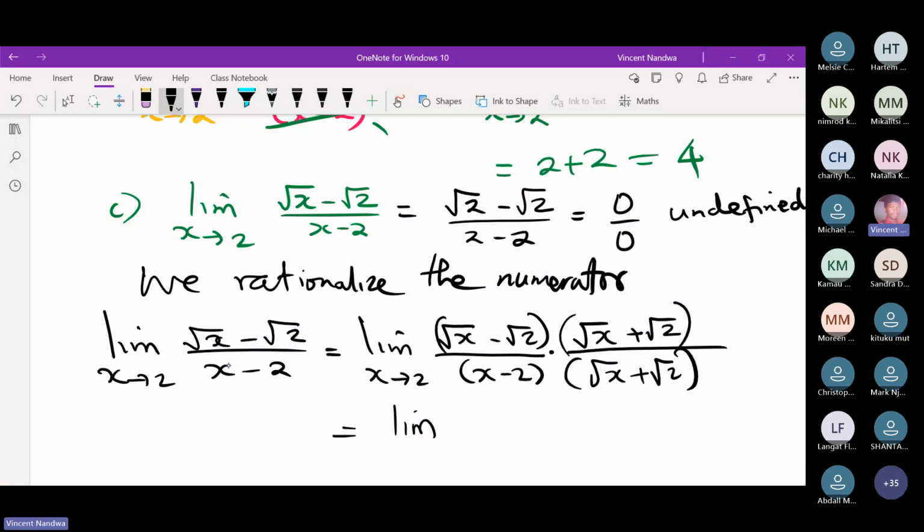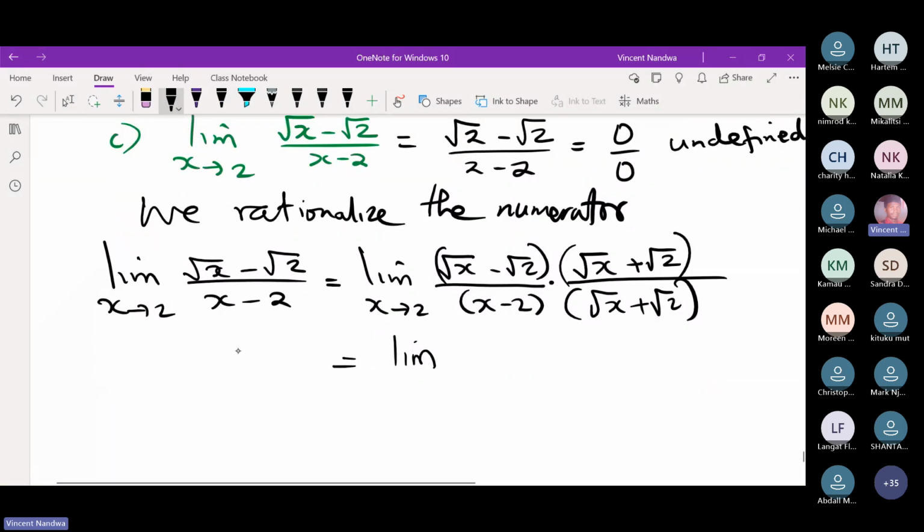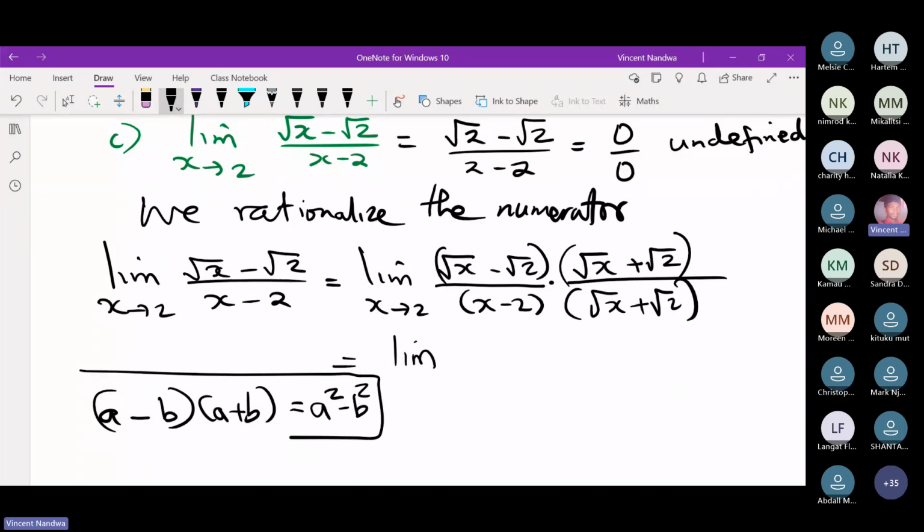Remember, this numerator, when you multiply, it's just like if I give you a minus b times a plus b, we all know that this is a squared minus b squared from our Form 2 work. So this is the concept we are using here. When you multiply a number by its conjugate, it is the same as the difference of two squares.